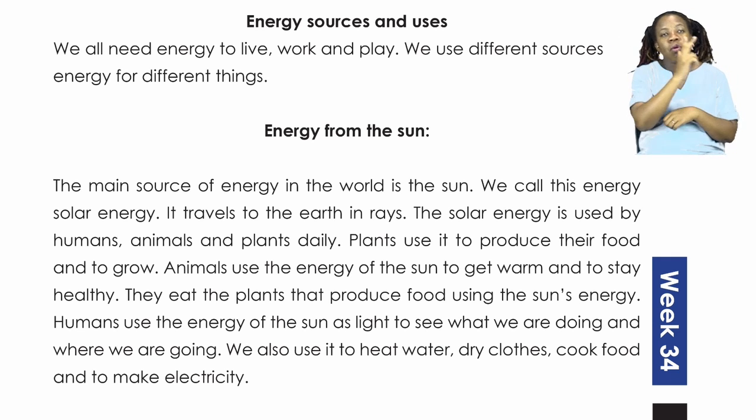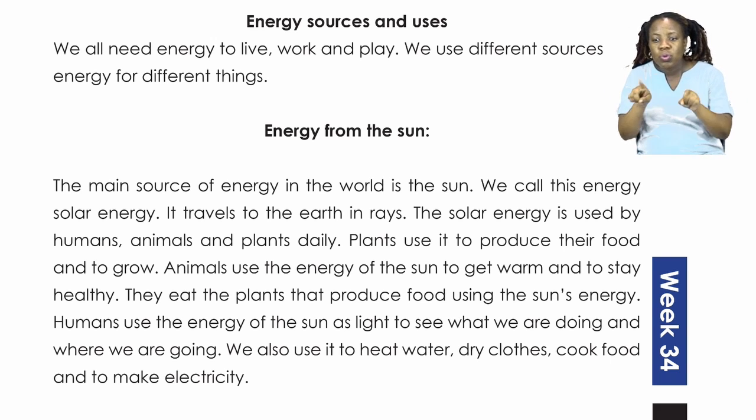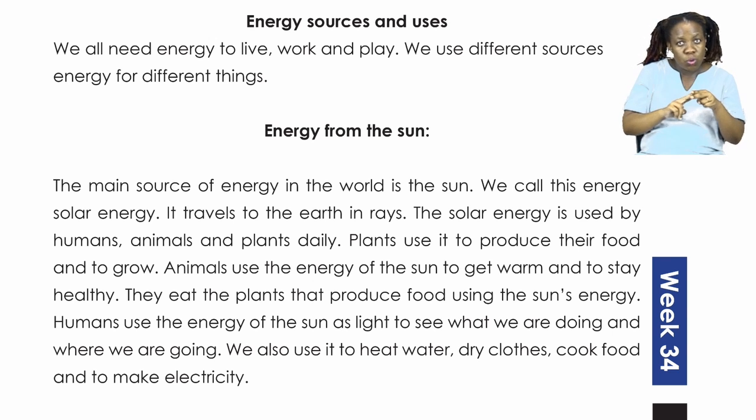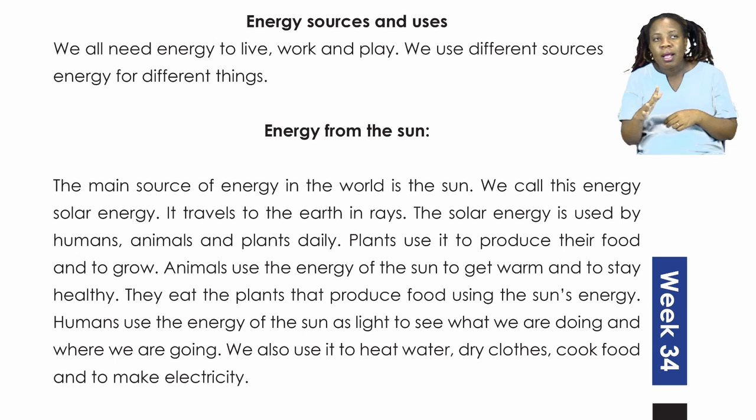Humans use the energy of the sun as light to see what we are doing and where we are going. We also use it to heat water, to dry clothes, to cook food, and to make electricity.